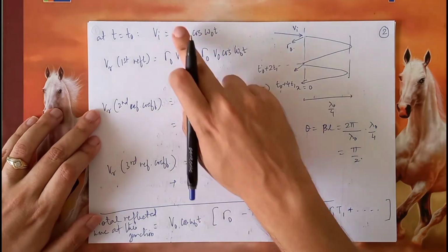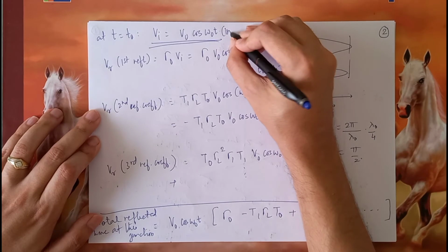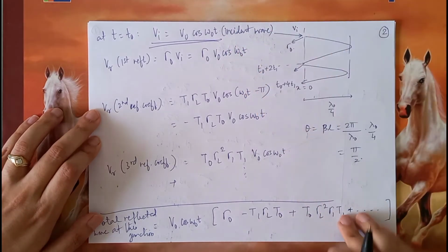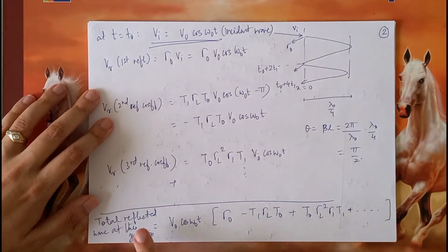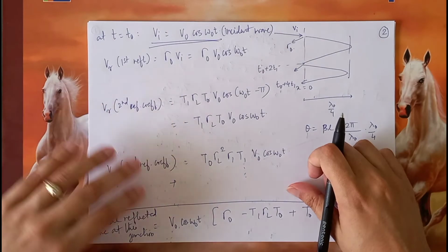What's the incident wave? The incident wave is this. So we can define the total reflection coefficient as the total reflected wave divided by the total incident wave.